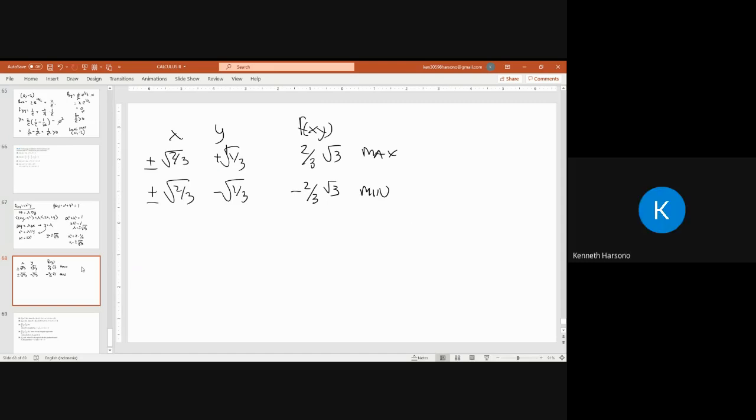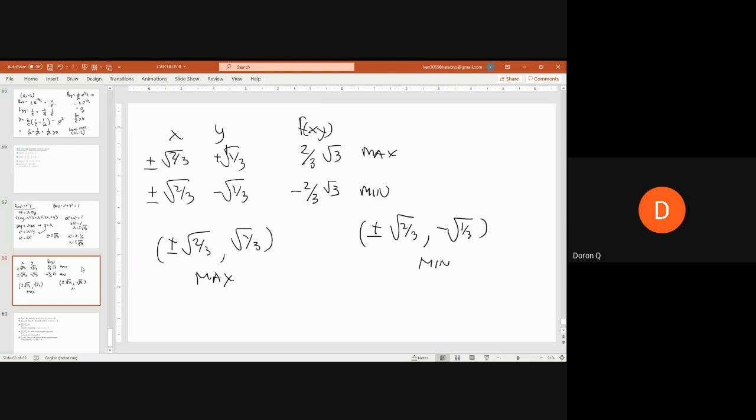So for the maximum value, we get this point plus minus square root of 2 over 3 and square root of 1 over 3, and the minimum value is plus minus. So this is our answer here.